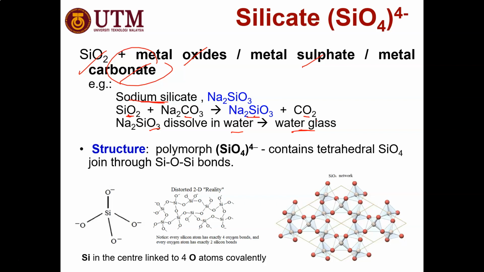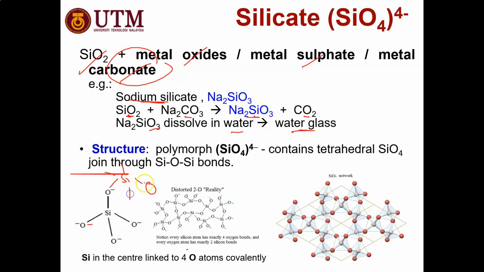So in the form of structure, sebenarnya it is a very big polymer, okay, which contains tetrahedral SiO4 through the Si-O-Si bond. So sebenarnya, kat sini, every silicon has exactly 4 oxygen atoms and every oxygen has exactly 2 silicon. So satu Si dia akan terikat dengan 4 O, and setiap satu O tu akan terikat dengan 2 Si.